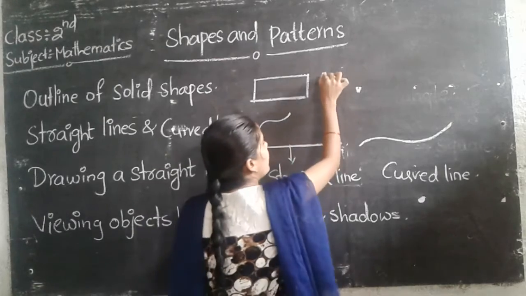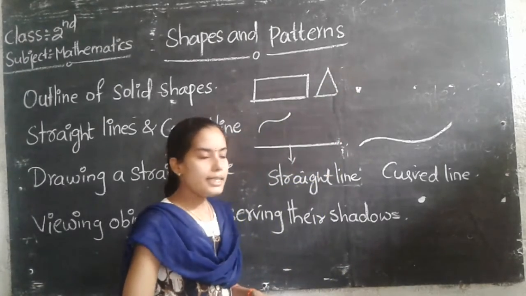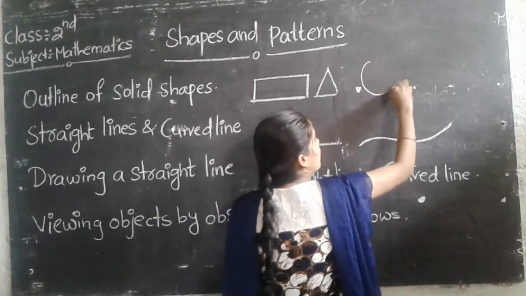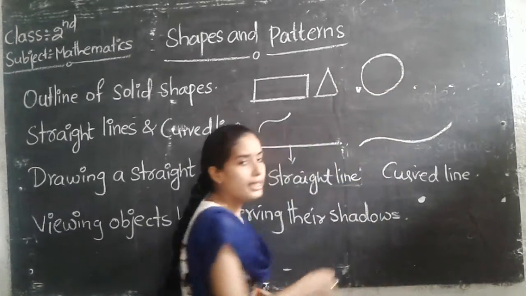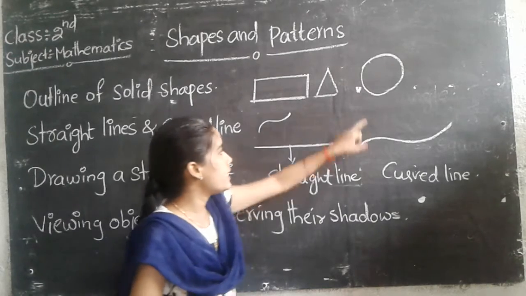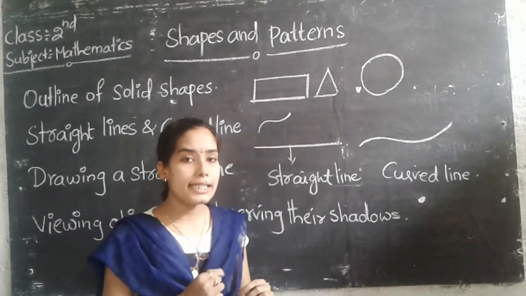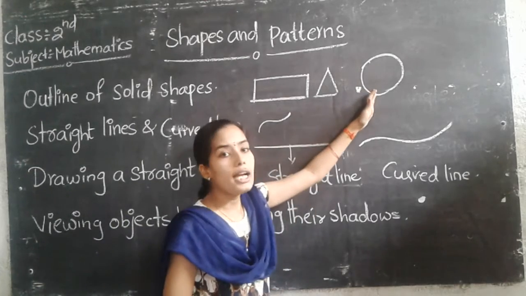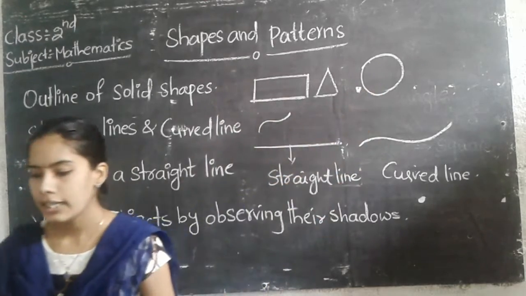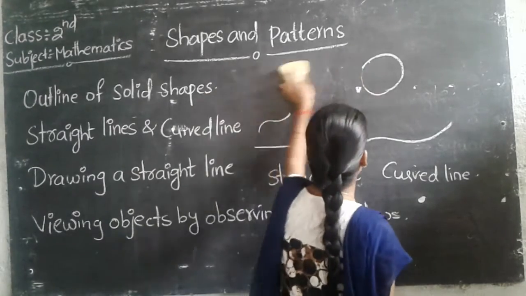In the same way, triangle. Yes. Circle: is it a straight line? No. It is a curved line. That means the line is bending. So that is a curved line. Straight line, curved line.